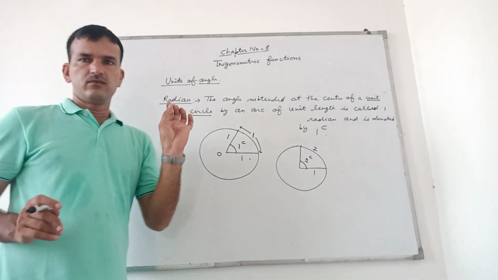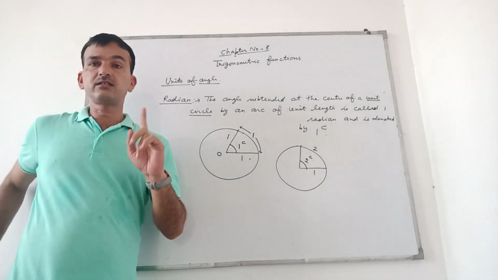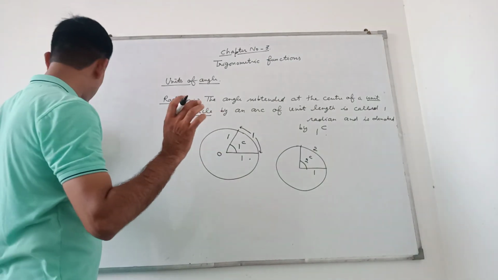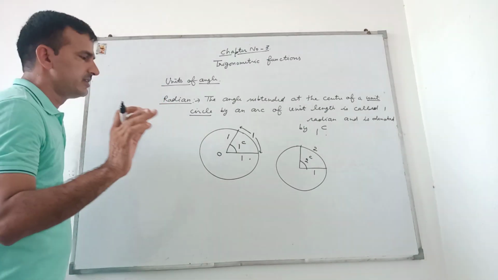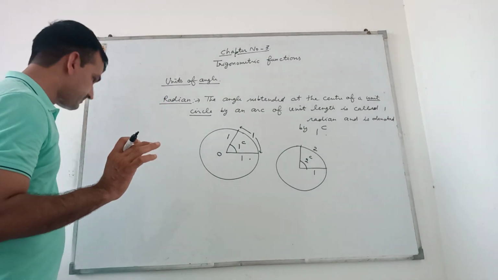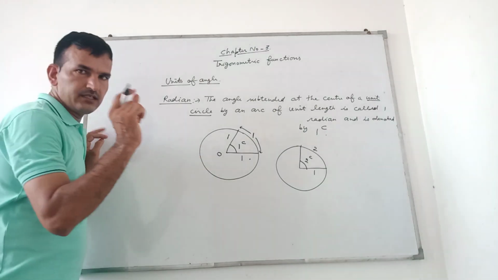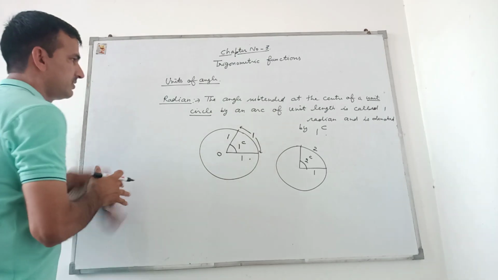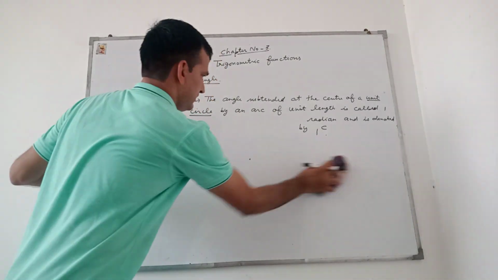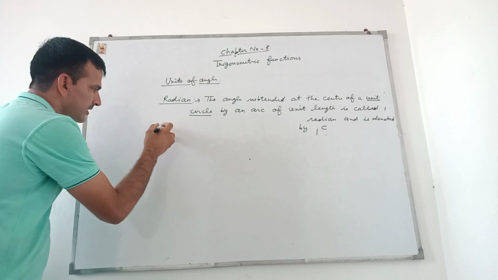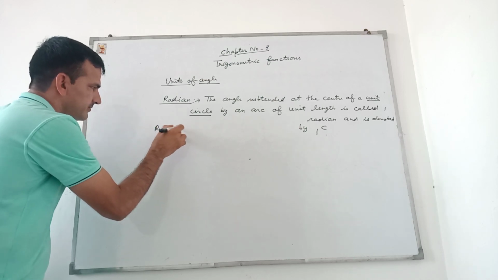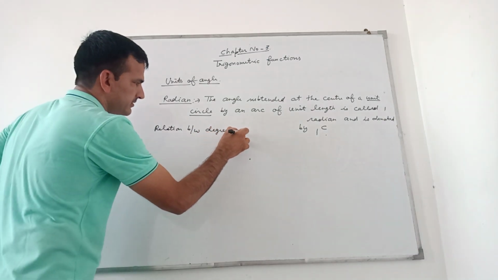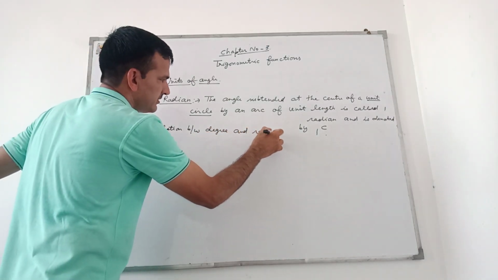Now we discuss the relation between the degree and radian. देखिएगा, we know that in degree this complete angle, now we again draw the figure and the relation between degree and radian.